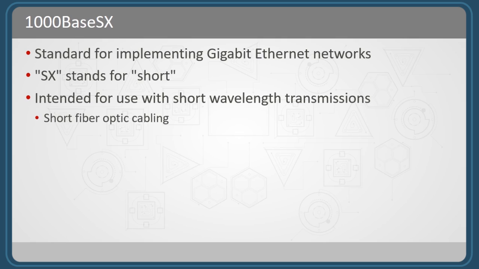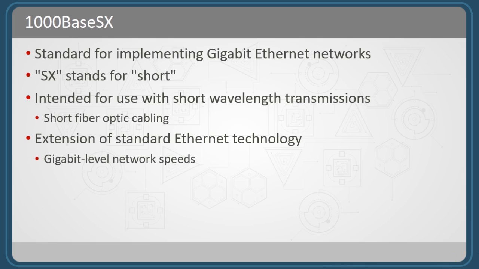But recall that a shorter wavelength, waves that are closer together, such as 5 gigahertz, do not travel as far as longer wavelengths, such as 2.4. So it referred to both the distance that you should cover and the wavelength. So that depended on the application, but effectively, this was for short fiber optic cabling.